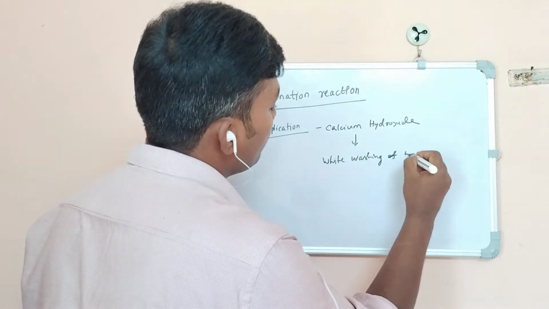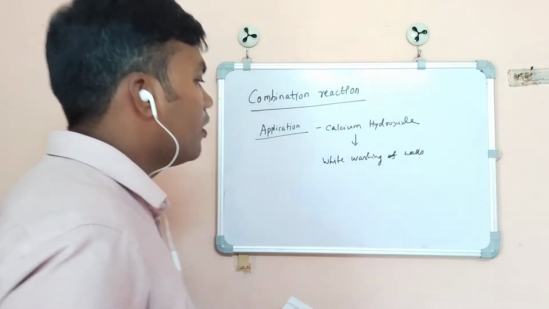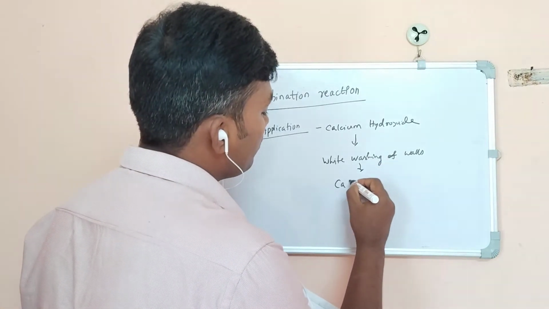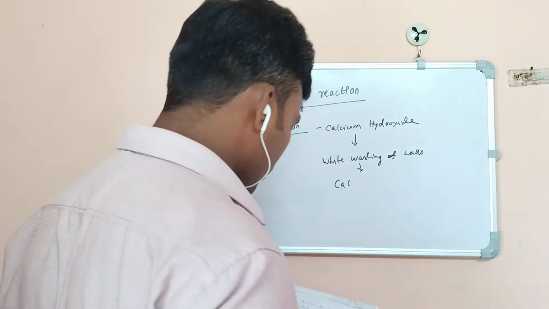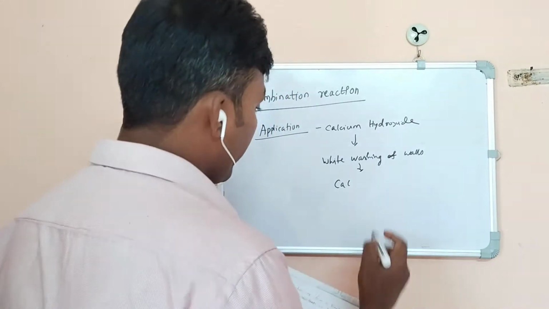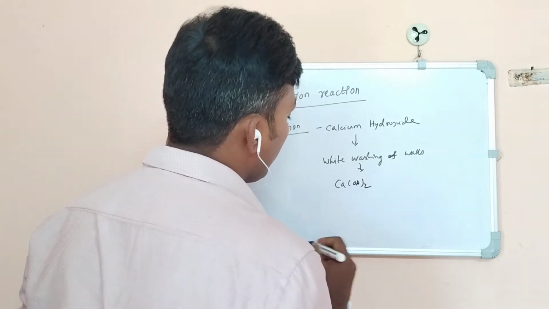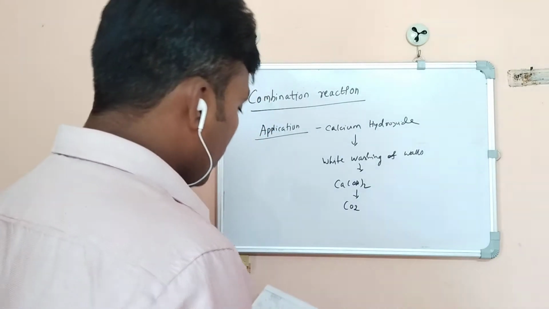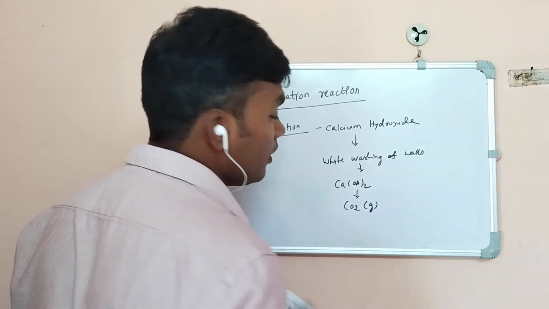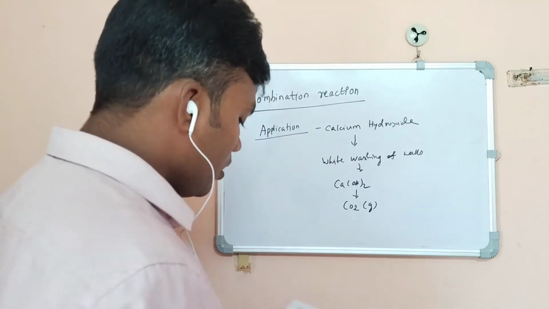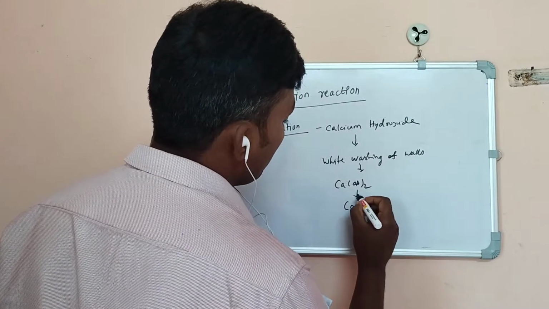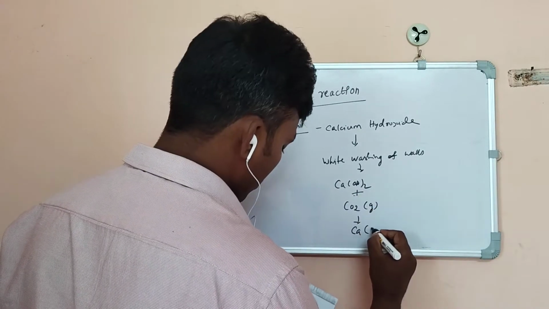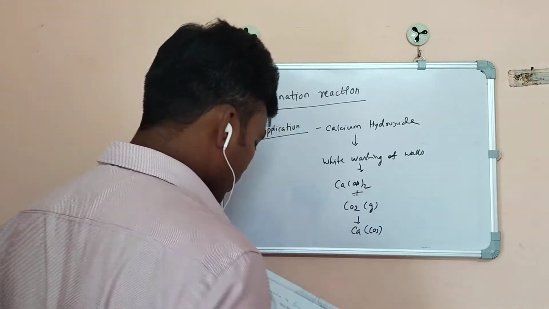After whitewashing of the walls, the calcium hydroxide is vigorously reacting with carbon dioxide that is present in air to form calcium carbonate.